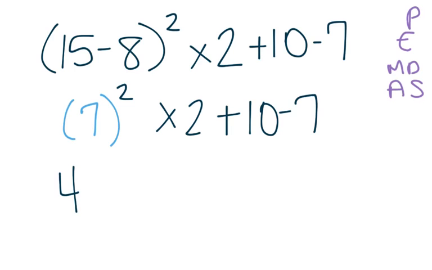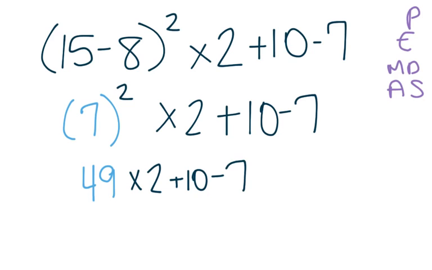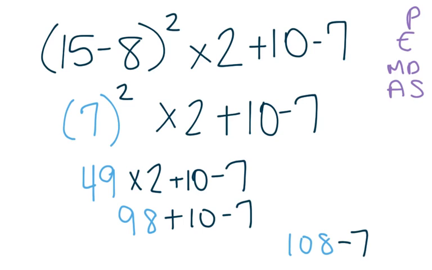7 squared is going to be 49 times 2 plus 10 minus 7. 49 times 2 gives you 98. 98 plus 10 minus 7. 98 plus 10 is 108 minus 7, which equals 101.